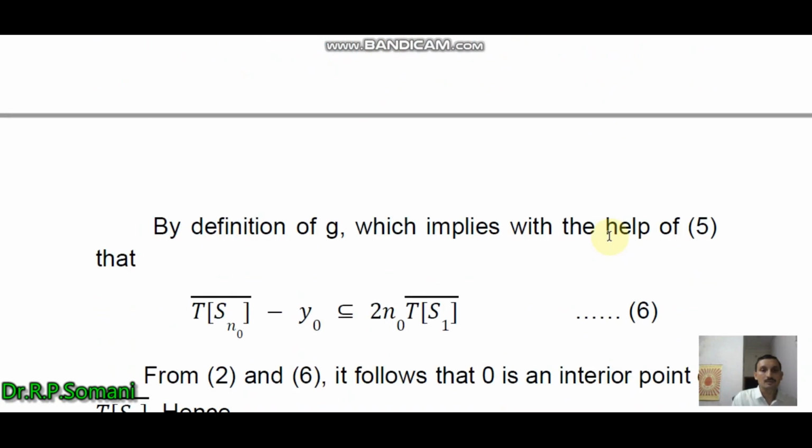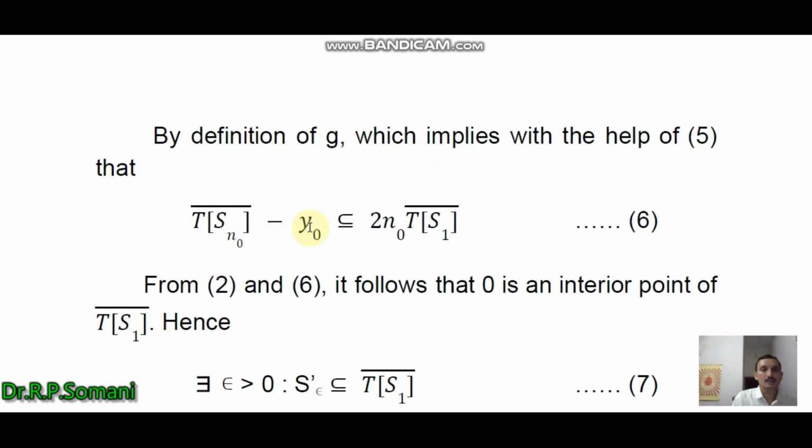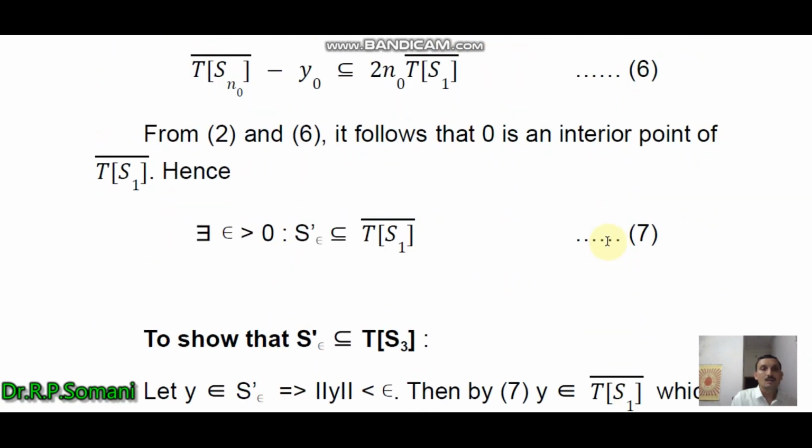So by definition of G, which implies with the help of 5 that T Sn0 bar minus y0 is a subset of the 2n0 T S1 bar. This we denote as equation number 6. From 2 and 6, it follows that 0 is an interior point of the T S1 bar.